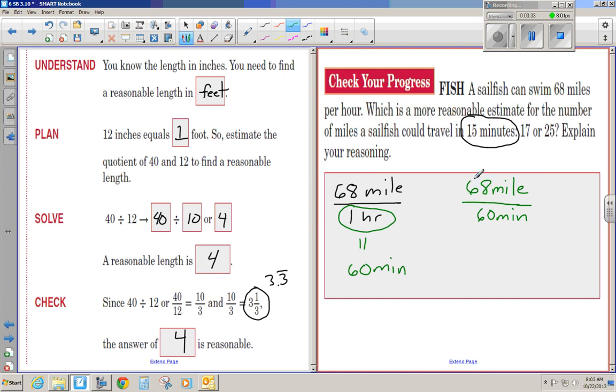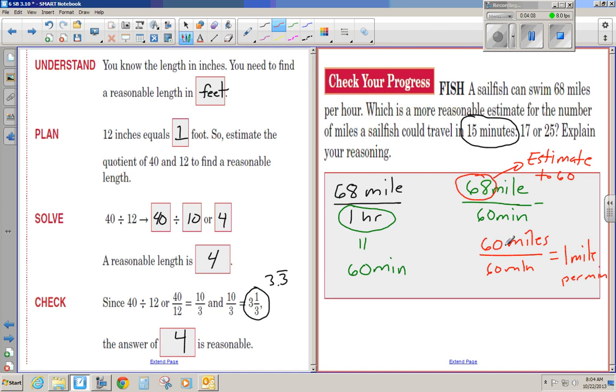What if this was 60 over 60? We would know. Now I'm going to look at this number and I'm going to estimate to 60. So that means 60 miles per 60 minutes is basically 1 mile per minute.